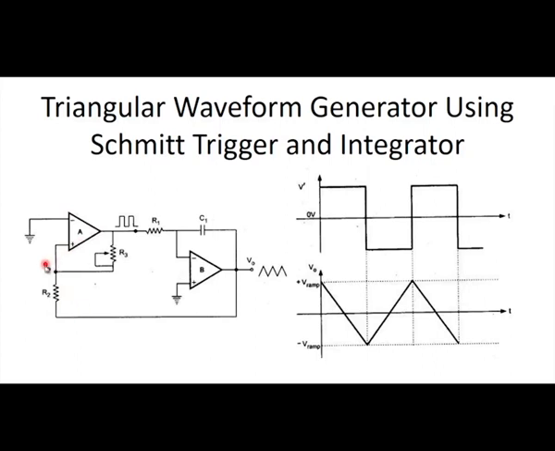So, here we have to calculate the effective voltage at the point P, which is given as the input to the positive terminal of the operational amplifier A.